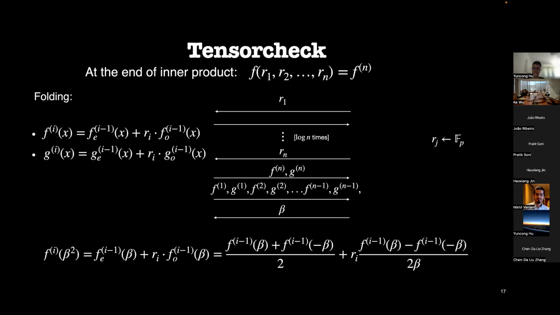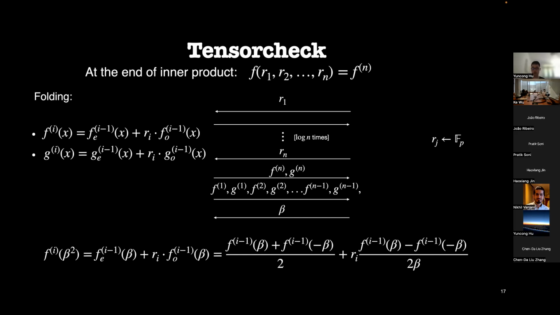Another way to view this tensor check is that it potentially means we have a more efficient multivariate polynomial commitment. We can construct a more efficient multivariate polynomial commitment by using the technique in the batching KZG and also our tensor check.